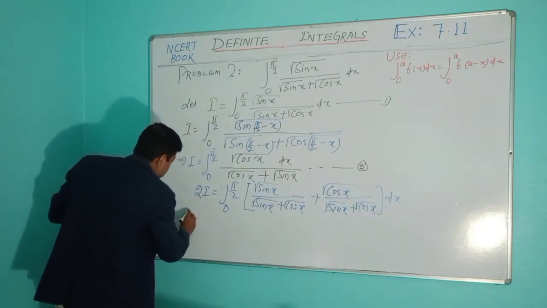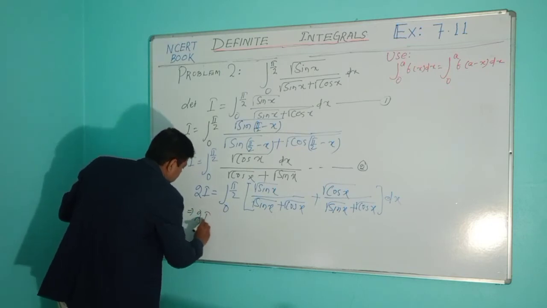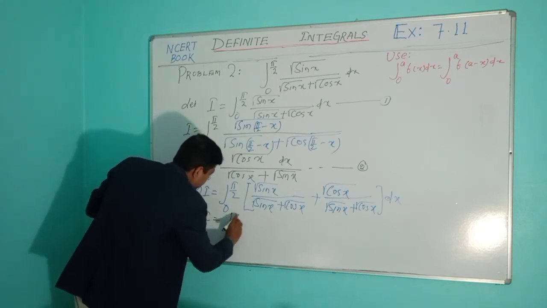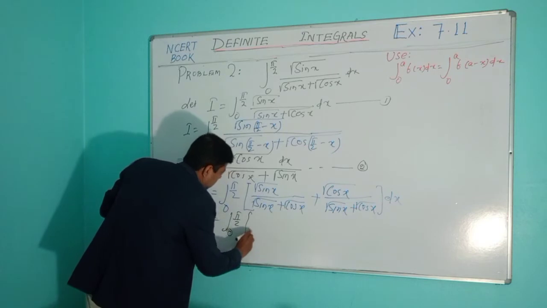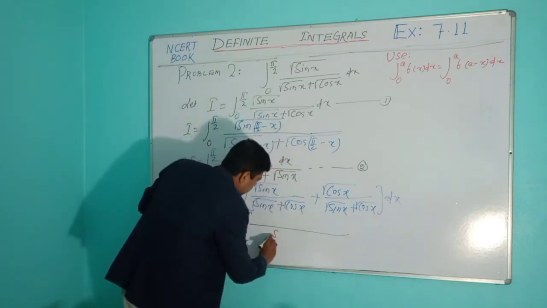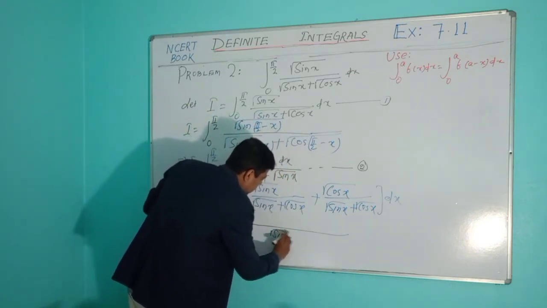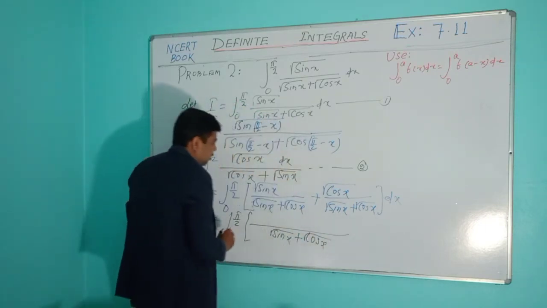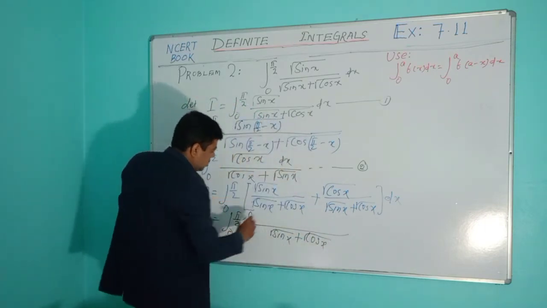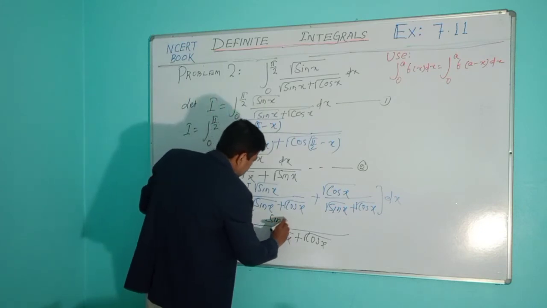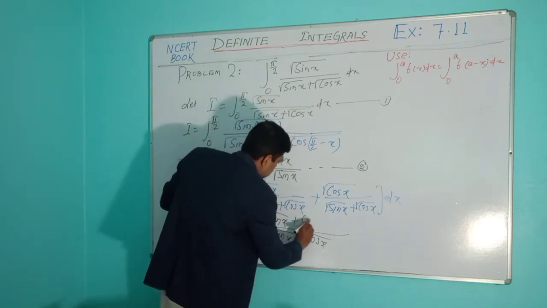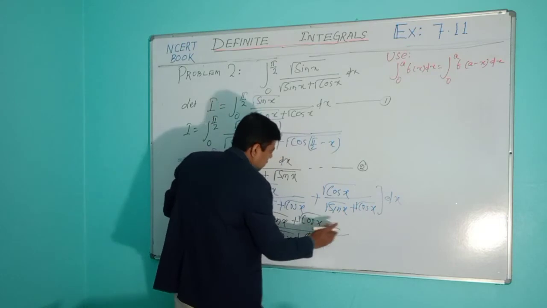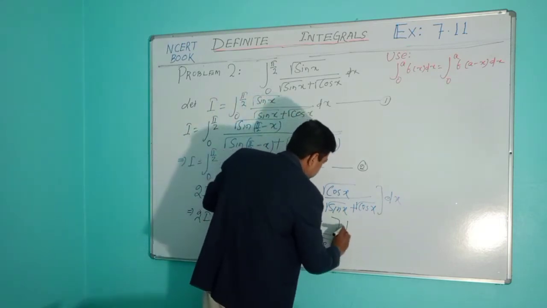Now 2I is equal to the integration of 0 to pi by 2. Taking the LCM, the denominator is root sin x plus root cos x, and the numerator will be root sin x plus root cos x. Understand? And this is dx.